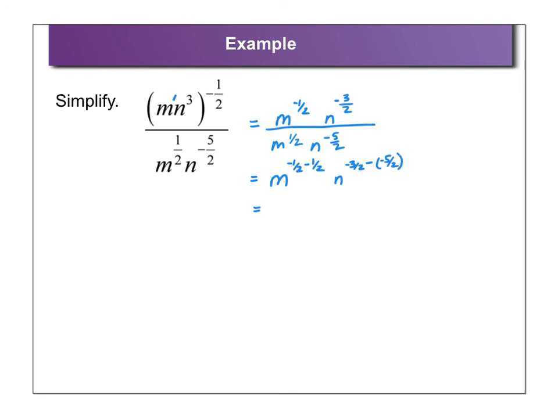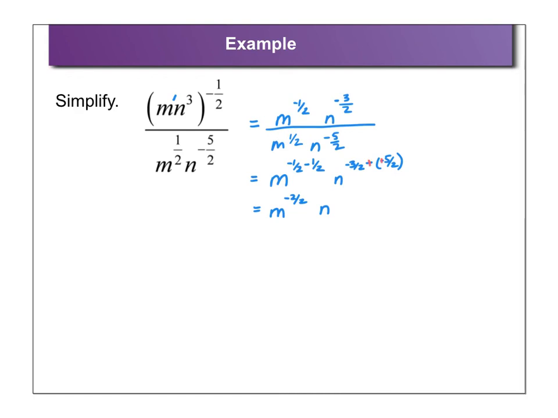For my m exponent, I'm going to have -1/2 minus 1/2, so that's the same thing as -2/2, and of course we can simplify that in a moment. For my exponent attached to my base n, I have -3/2 subtract -5/2. When we are subtracting a negative, we remember that that's the same thing as adding a positive.